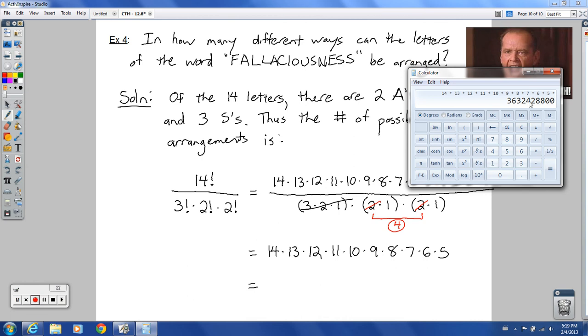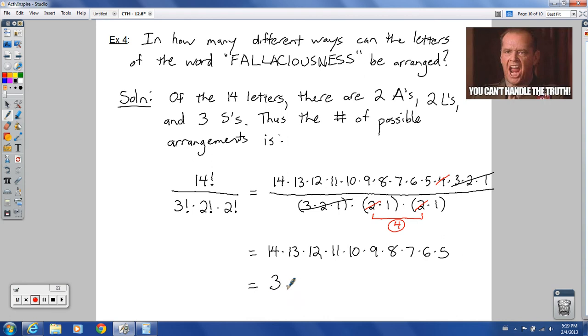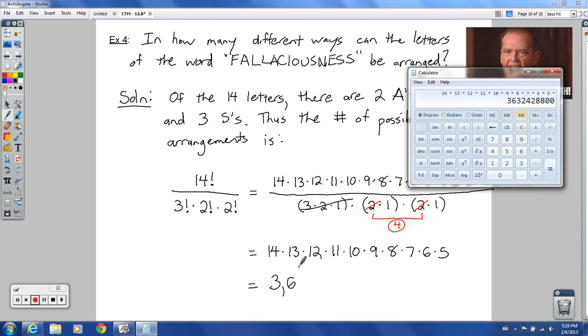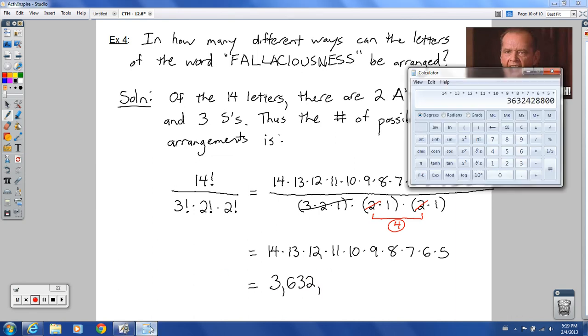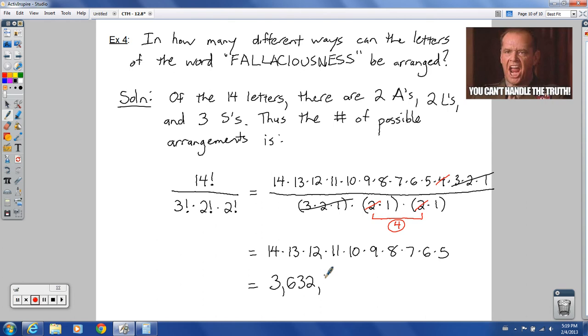We're in the billions. So 3,632,428,800.